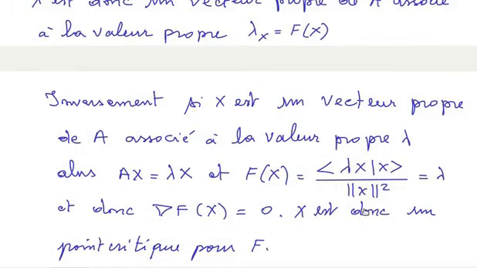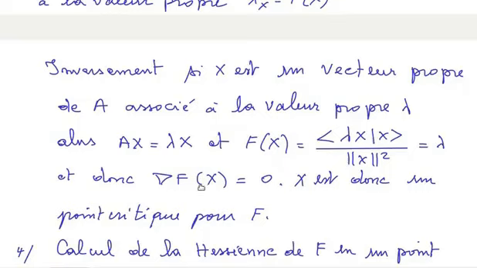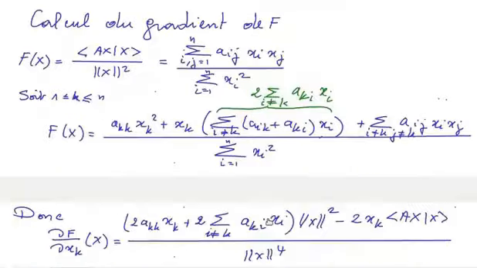By simplifying by the norm of x squared, we find lambda, and consequently Ax minus lambda x equals 0 is equivalent to Ax minus f of x times x equals 0, which means that the gradient of f is 0 at this point, and it simply means that this point is indeed a critical point for f. Here is the third question.